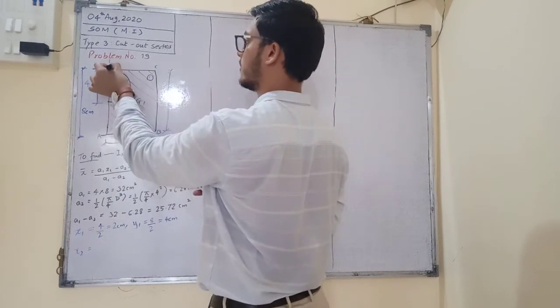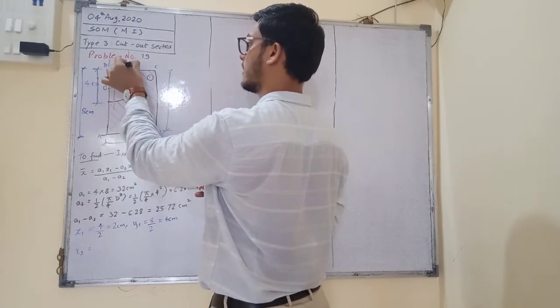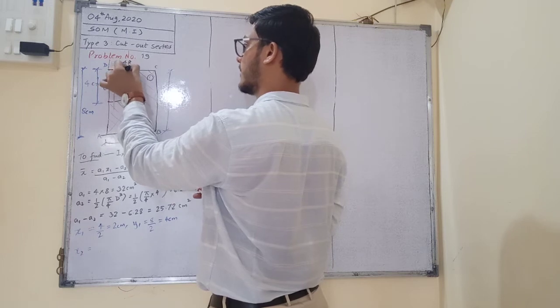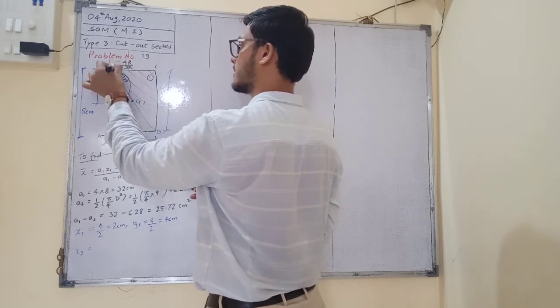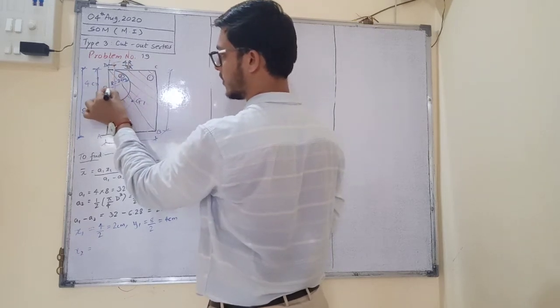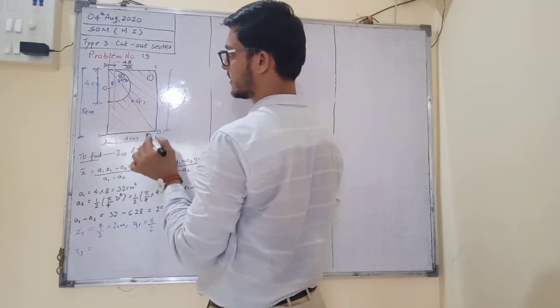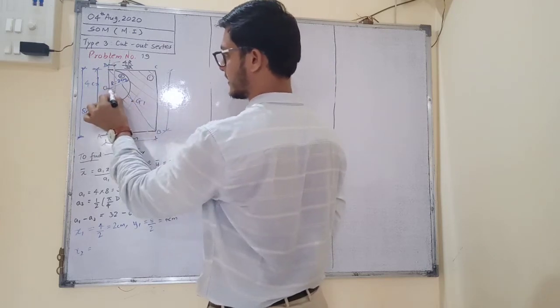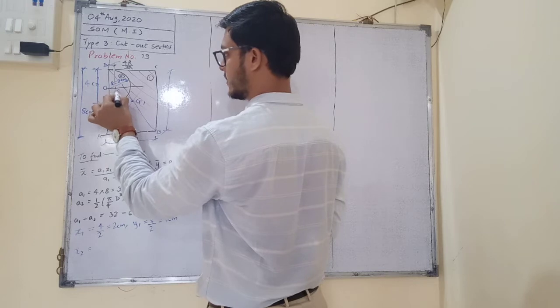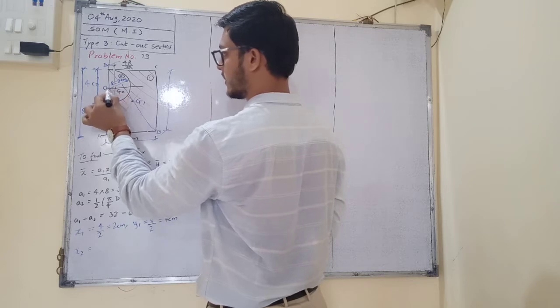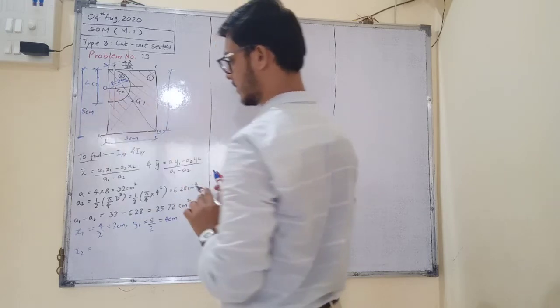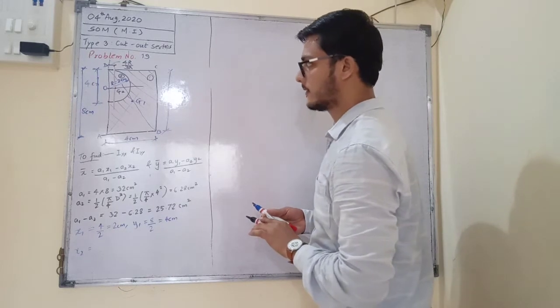We have seen in the formulas. This is 4r upon 3 pi. This distance from O to this centroidal axis is where G2 is located. So G2 to this left side distance is 4r upon 3 pi. So that will be the value of x2.